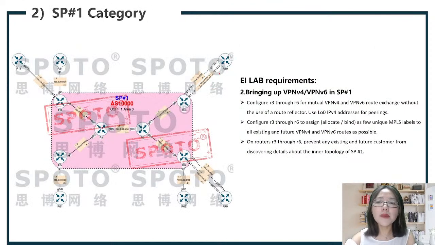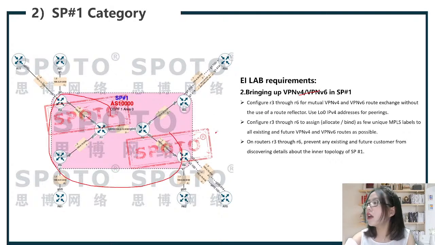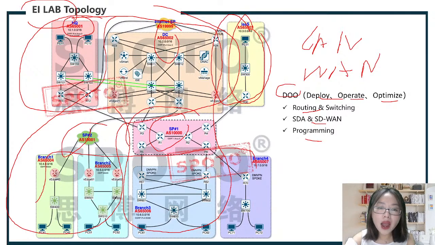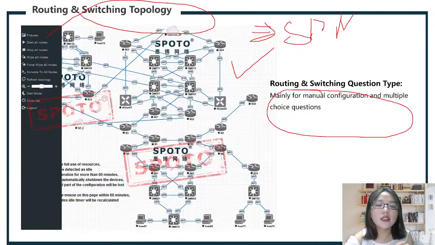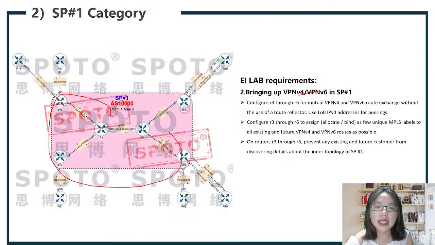So the second part is about bringing up VPNv4 and VPNv6 in SP1. So let's take a look at the CCIE Lab requirement in this part.